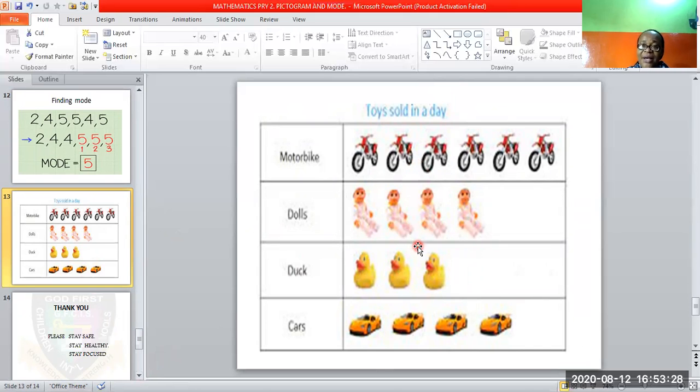Remember, pictograms are data represented by images. From this image, we have come to the conclusion that the mode is number 4. Why? Because we sold 4 dolls and we sold 4 cars. That is to say, our mode in this example is 4. Are we clear? Beautiful.